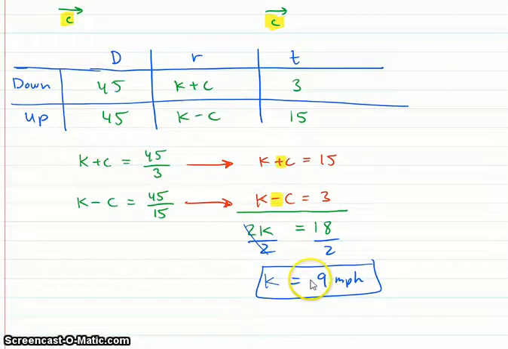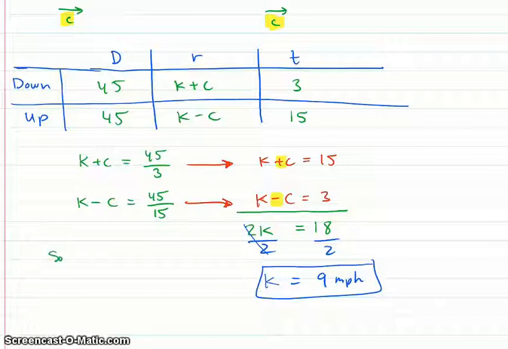Once we get the speed of the kayak, we can plug it into either the first equation or the second equation. It doesn't matter, to solve for C. Let's say we plug it into the first equation.